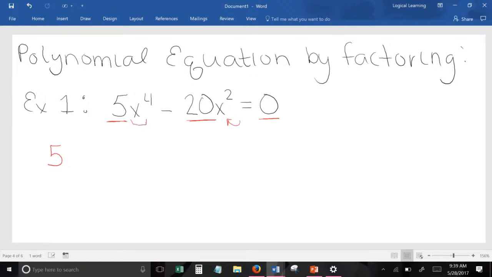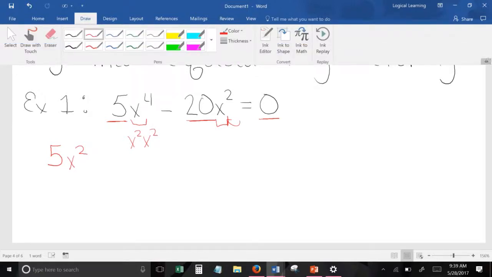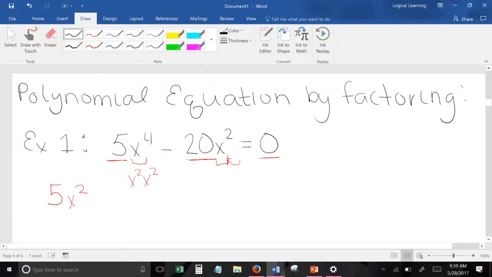If we look at our x's, we have x to the 4th and x squared. Well, that means that both of them have an x squared, because we can think of x to the 4th as x squared times x squared. So we can take out an x squared. Now, what does that end up giving us?